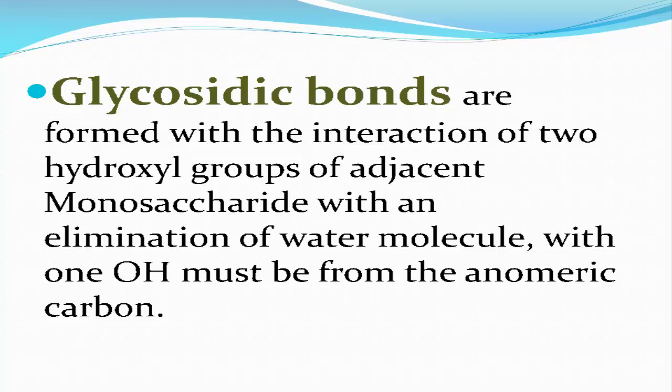So two monosaccharides are joined together by removal of one water through interaction of two hydroxyl or OH groups, but one of the OH must be from the anomeric carbon. The anomeric carbon, we have seen, is the carbon that forms after the ring formation.